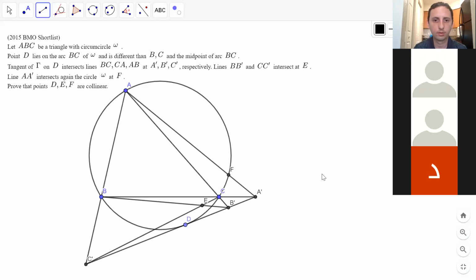All right. Yeah, I wonder if there's some kind of degenerate form of Pascal's theorem.